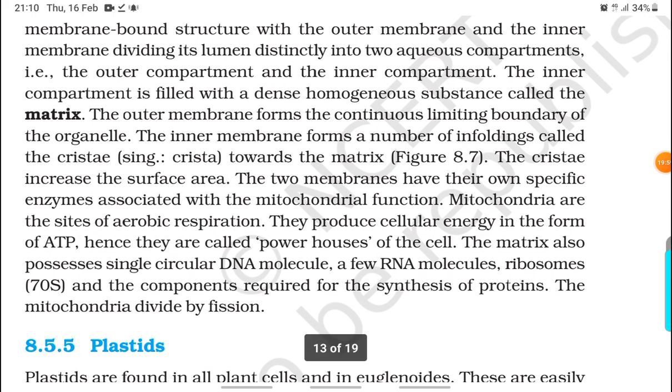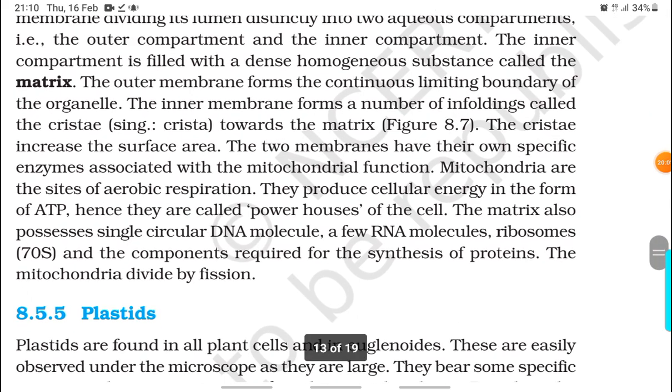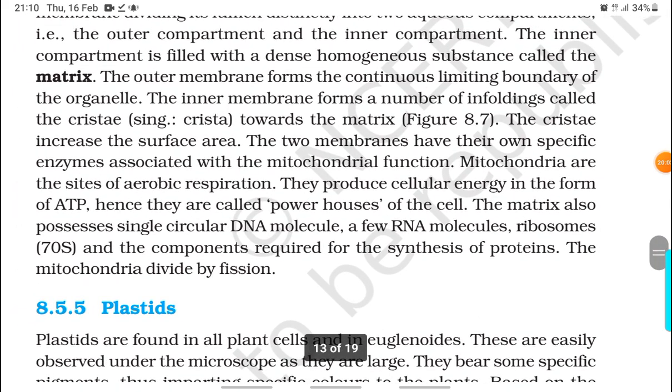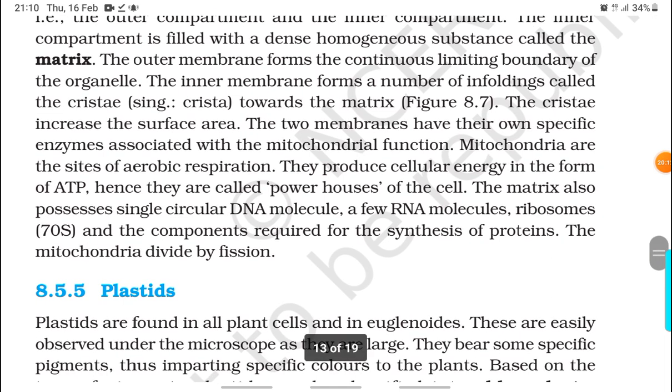The inner compartment is filled with a dense homogeneous substance called the matrix. The outer membrane forms the continuous limiting boundary of the organelle. The inner membrane forms a number of infoldings called the cristae, or singular crista, towards the matrix. The cristae increase the surface area.